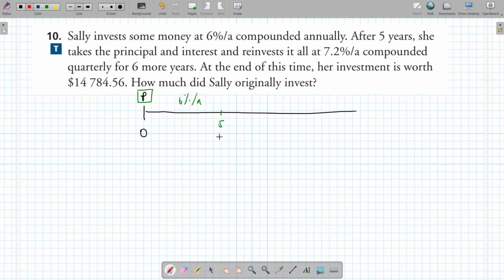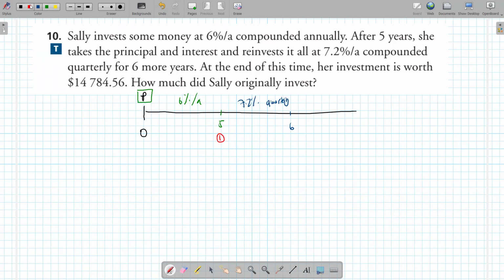At this point, this is going to be our time one. After 5 years, she took the money that it accumulated to, and then she invested it for 6 more years. But now it's at 7.2% quarterly.